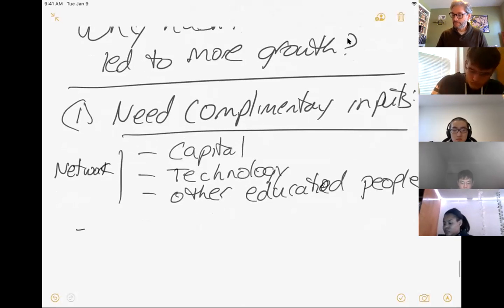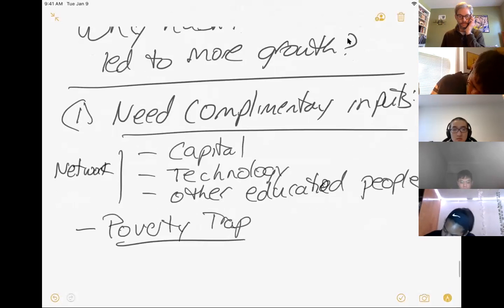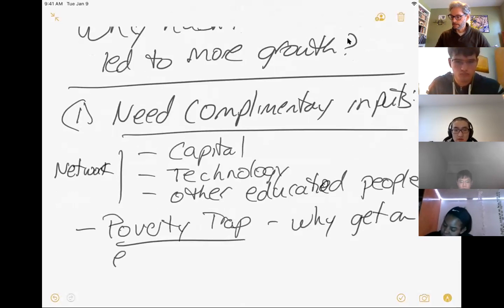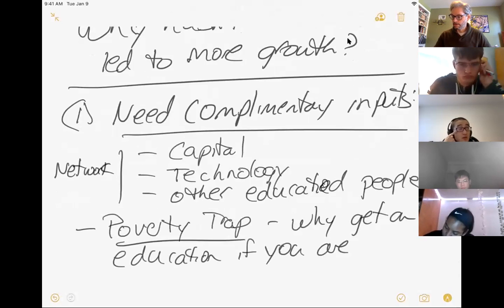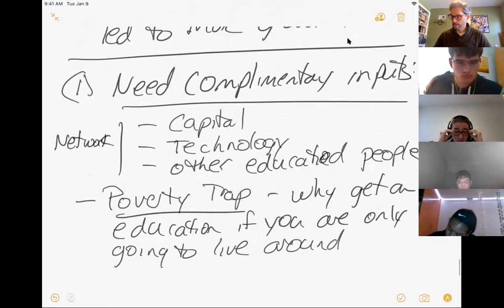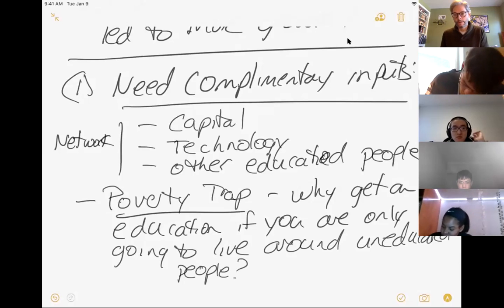And when you don't think about this, this is the problem of a poverty trap. Why would you invest in an education if you're only going to live around uneducated people?